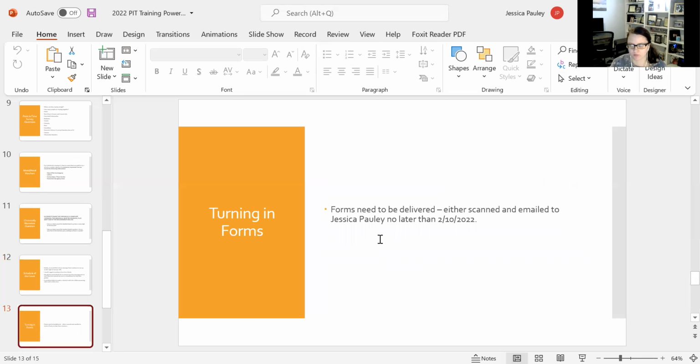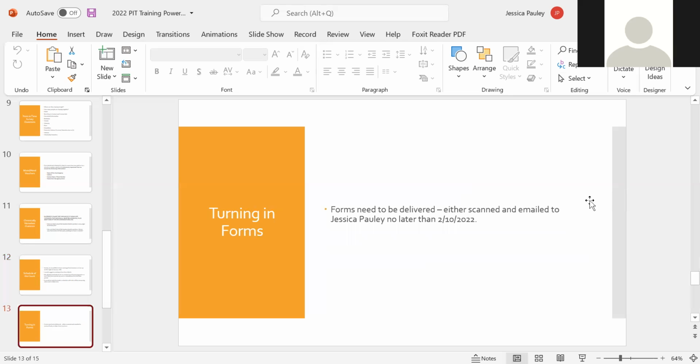So the forms need to be delivered to me by February 10th. I believe that Paige would have you send them to her and she will compile them and send them to me. That's how we've done it in the past. Paige, are you back on the call yet? Yes, I am. All forms will just be sent over to me and then I'll put it all together and send it all to you.